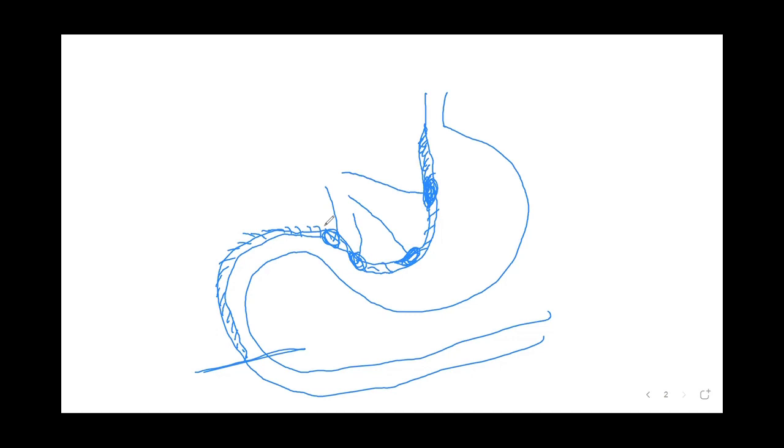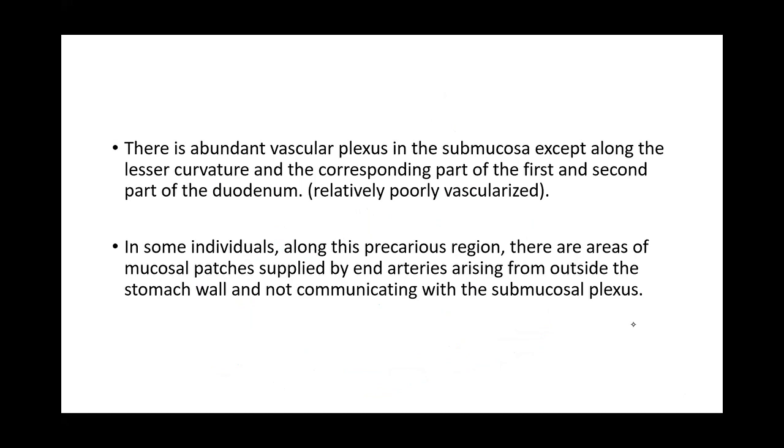So any cause of impairment of supply will lead to ischemia and necrosis. This region also has patches of end artery supply that are not communicating with the submucosal plexus.